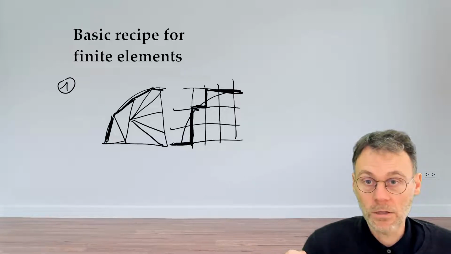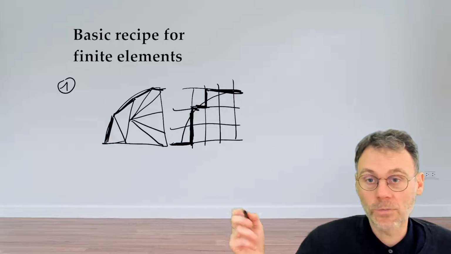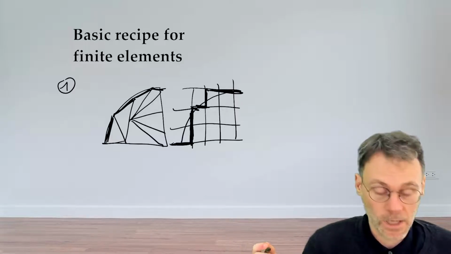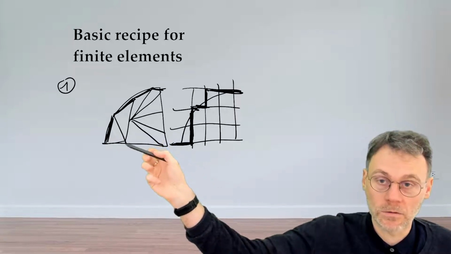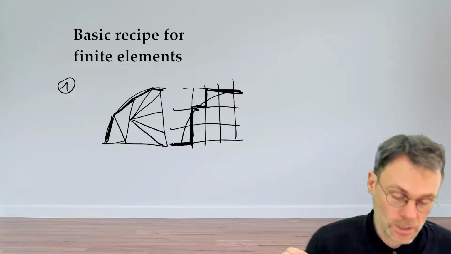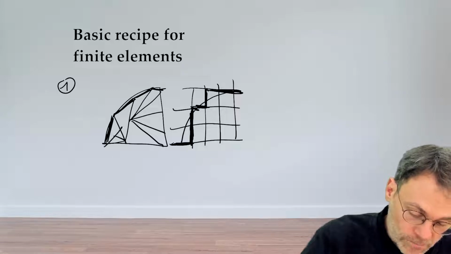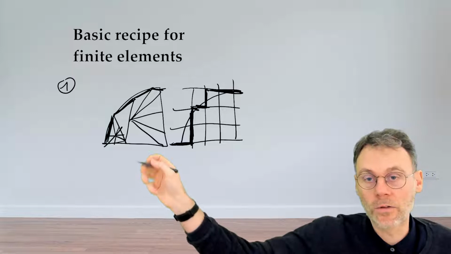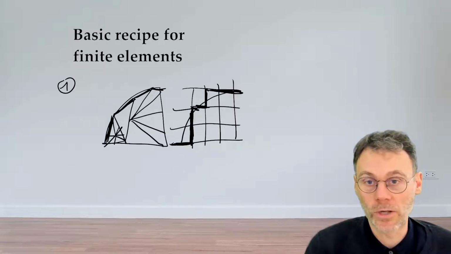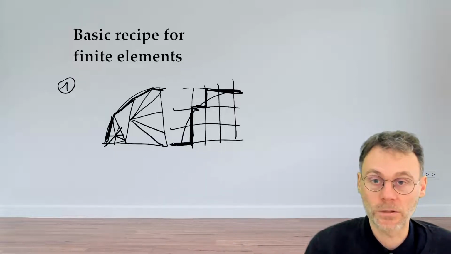The second advantage is that, as I mentioned, this grid can be irregular. Not all elements need to be the same size. So you can say, for example, if you suspect that the field varies a lot in this corner region, there you can locally refine the mesh and take smaller triangles. So this is like a locally refined mesh giving you a much better resolution where you need it. It's much more efficient.